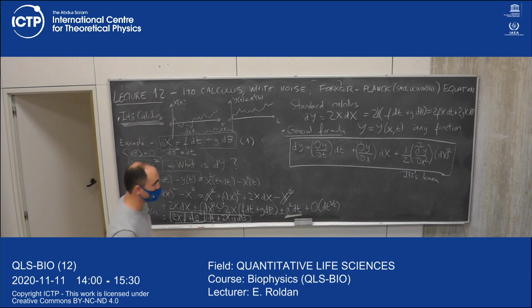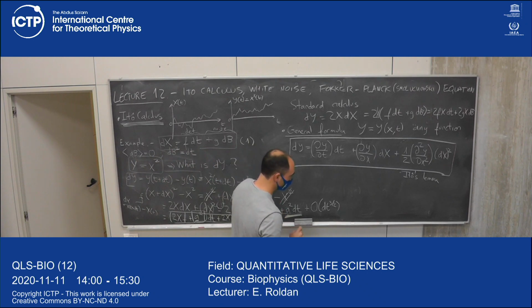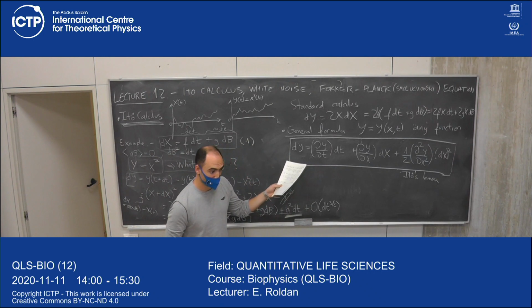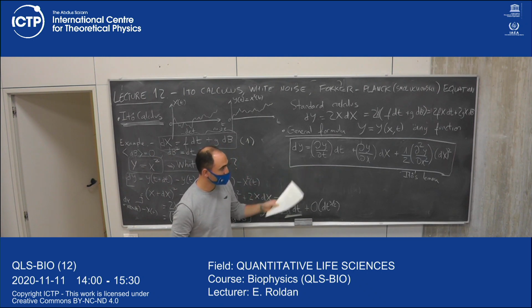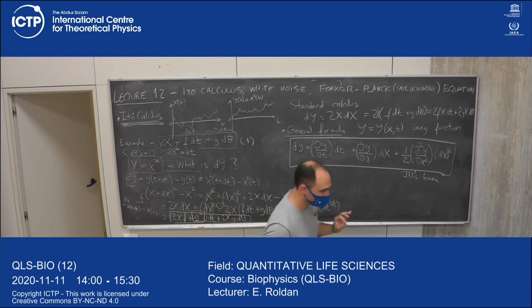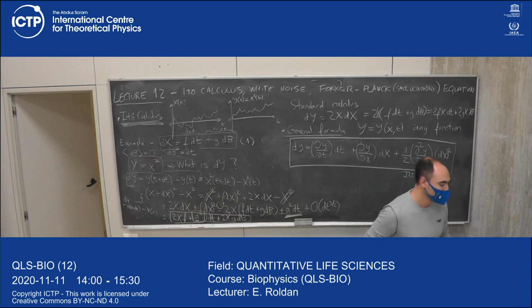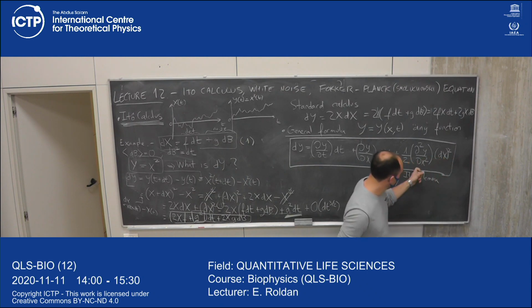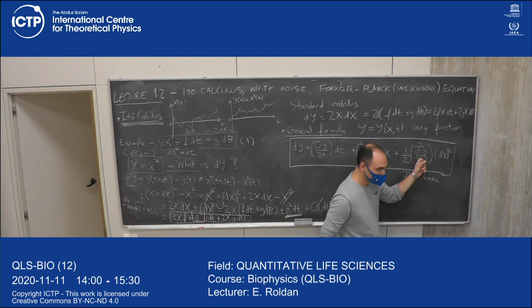Let me do a clarification. I'm talking about the new relation, the general formula. At the end you add 1/2 the second derivative of y with respect to x squared, dx squared.